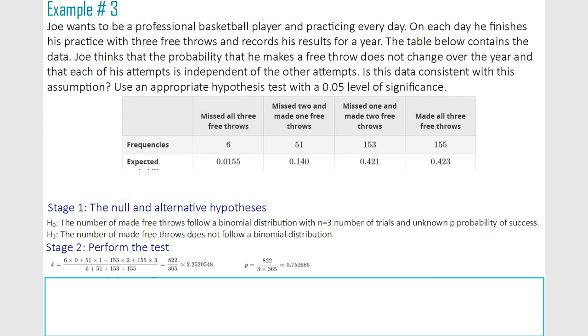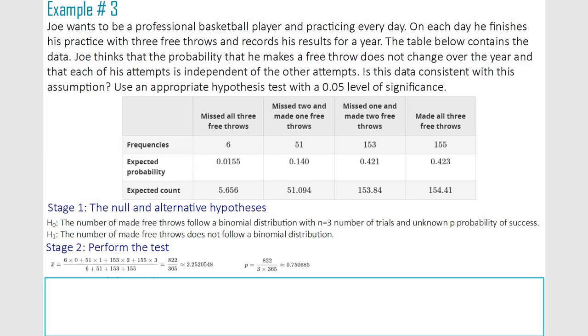So we multiply the expected probability, oh, I'm sorry, I cut that part off, expected probability times 365, and that's how many we expect in 1 year. We want to see if ours follow this binomial distribution.